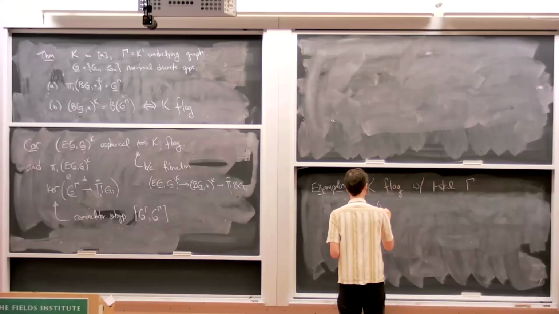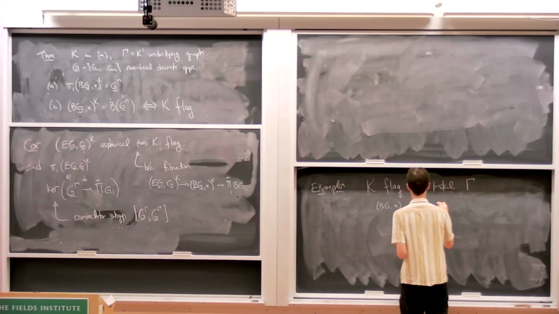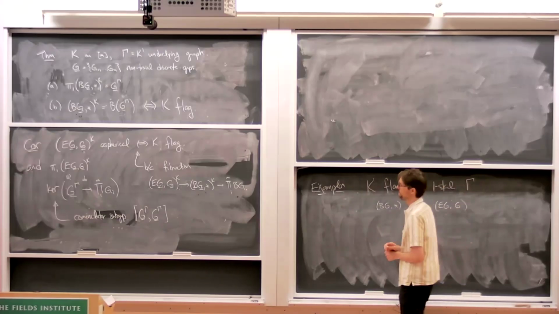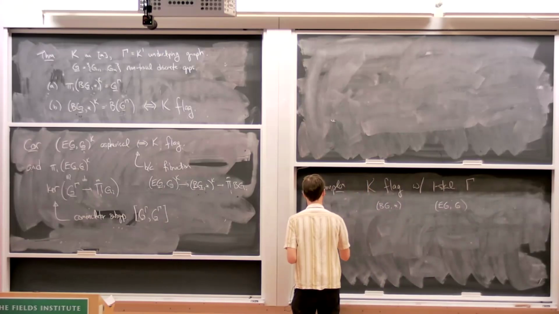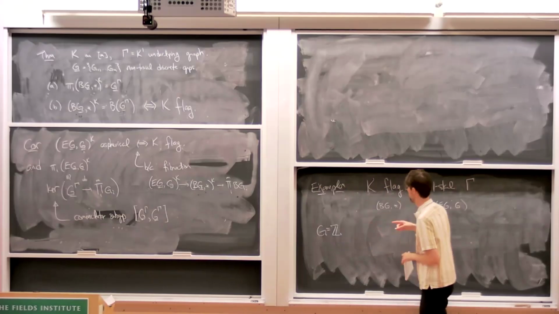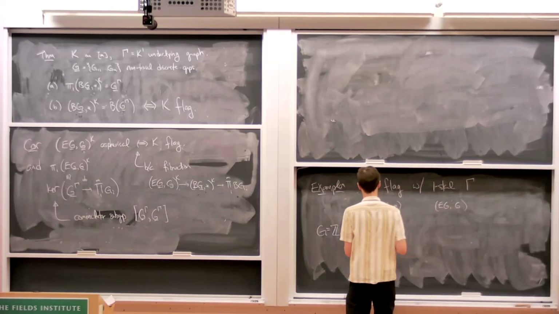Then, okay, I'll write some (BG, point) examples in this column and some (EG, G) examples in this column. So when G was the integers, we said that corresponded to graph products just being RAAGs, right-angled Artin groups.